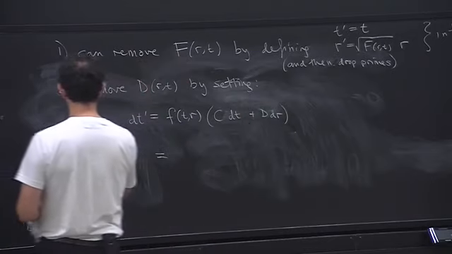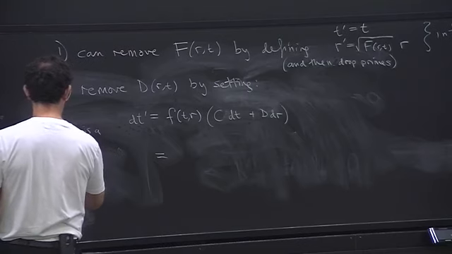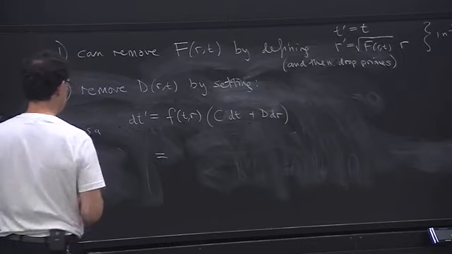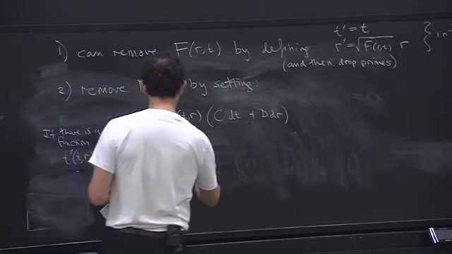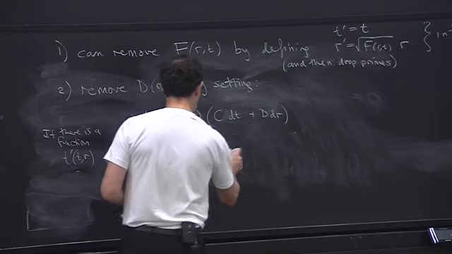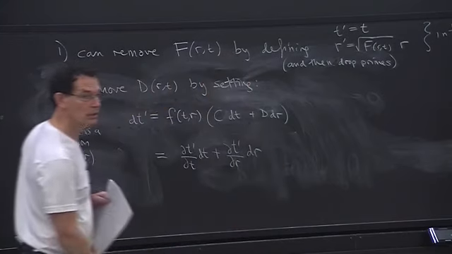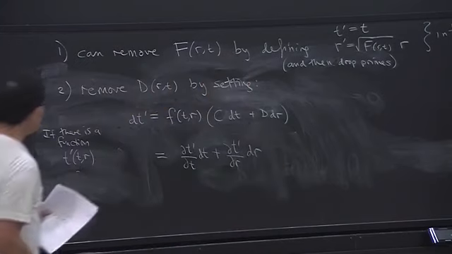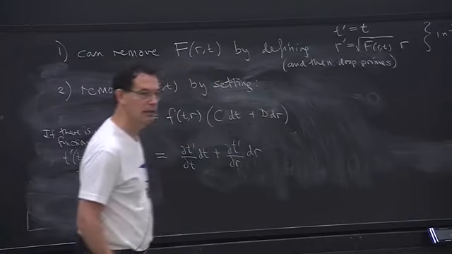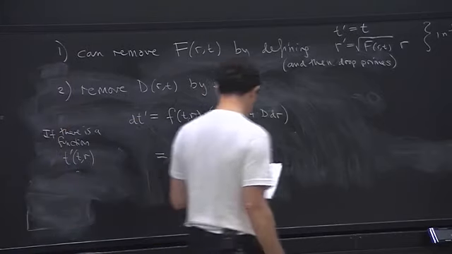So if there is a function t prime of t and r, then it follows that dt prime is dt prime/dt times dt plus dt prime/dr times dr. But if that's true, then dt prime/dt is this guy, and dt prime/dr is that guy. And then you've got to have equality of mixed derivatives.